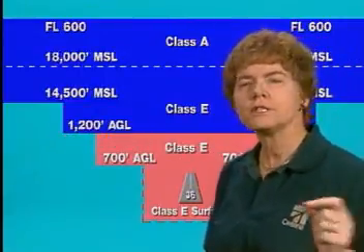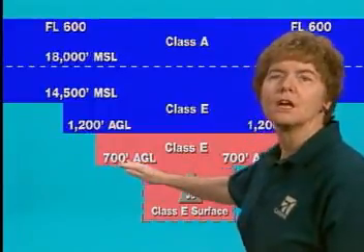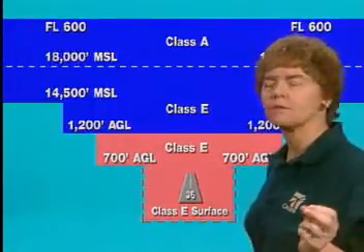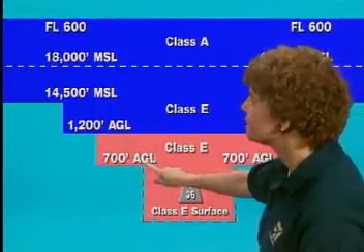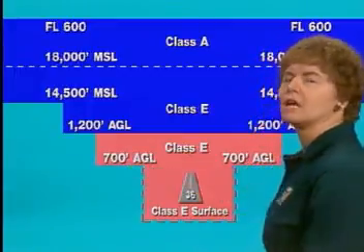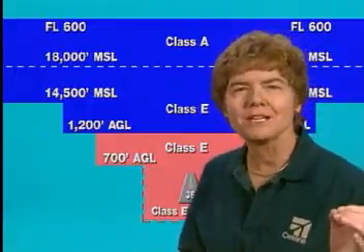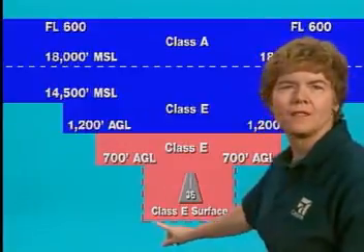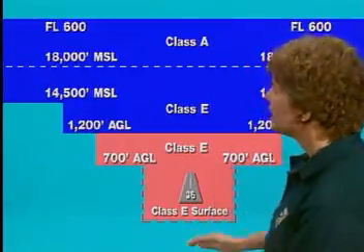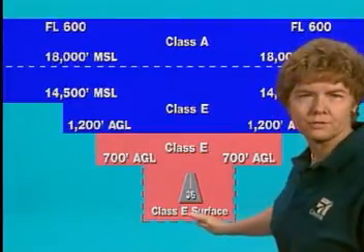Now, when you see the fuzzy side of magenta, that means that you have a floor of Class E airspace at 700 feet AGL. And then, when you see the magenta dashed lines, that means that the Class E airspace goes down to the ground in a Class E surface area.